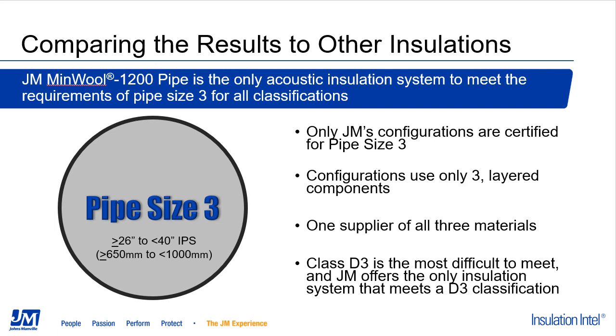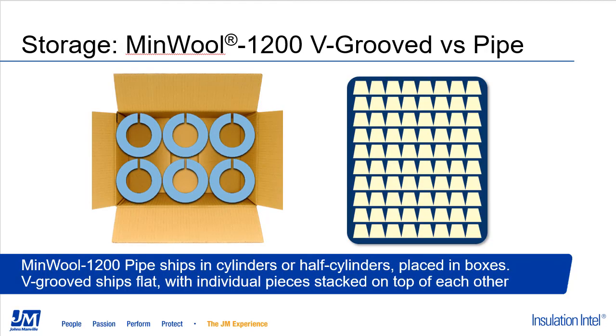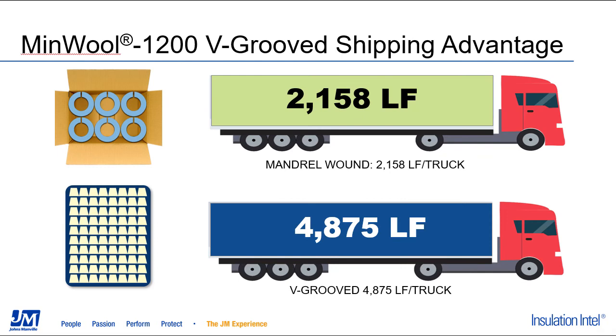A couple additional benefits, looking at the V-Groove product, I mentioned shipping and storage benefits. You can see a comparison of how the molded pipe insulation material ships versus how the V-Groove product ships. So you can get a lot more material in the same amount of space with the V-Groove configuration, therefore occupying a whole lot less space in your warehouse or in the staging area on the job site.